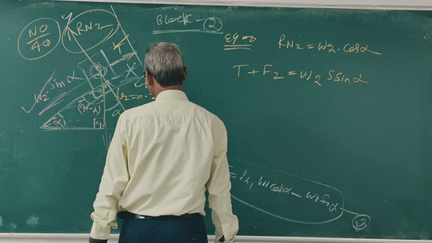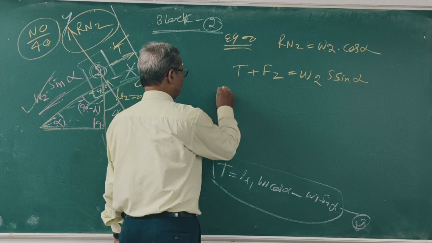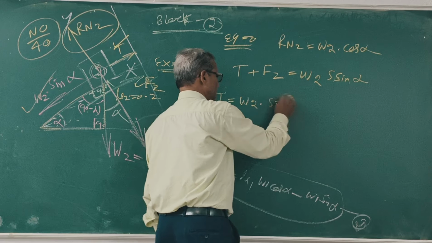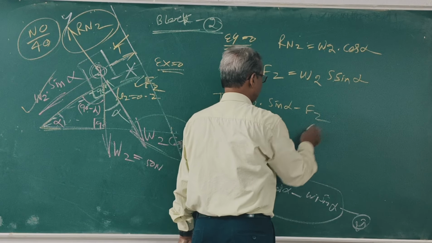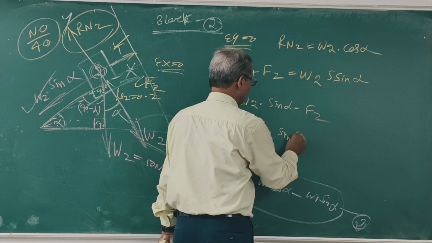So what is T equal to? W2 sin alpha minus f2. So, W2 sin alpha, what is f2? mu2 Rn2.